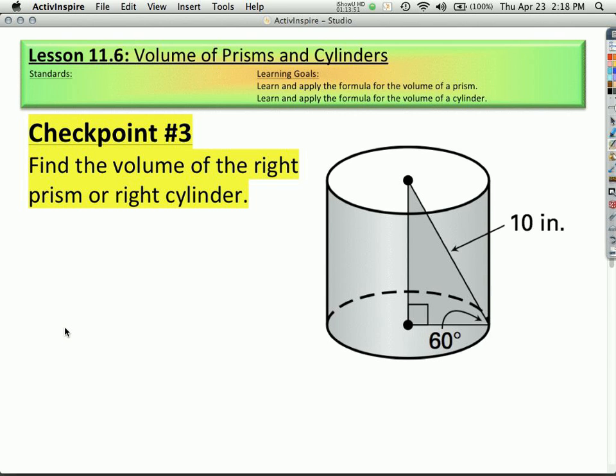So, we've got student number 7, 1, 21, and 13. Student number 7, what'd you get? Okay, student number 1, 680.17. Student number 21, approximately 680.